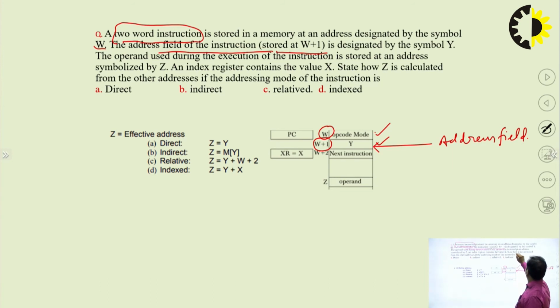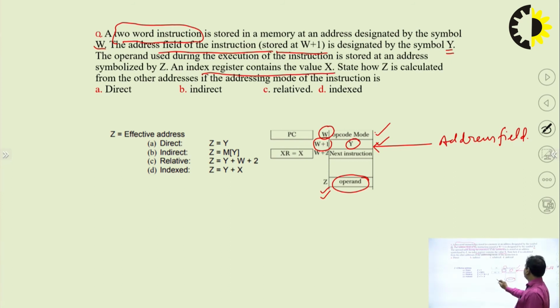Right? That is designated by Y. The value of the address field is Y. That is given to you. Next, the operand used during the execution of the instruction is stored at an address symbolized by Z. See, the operand is residing at location number Z. An index register contains the value X. That is given to you.